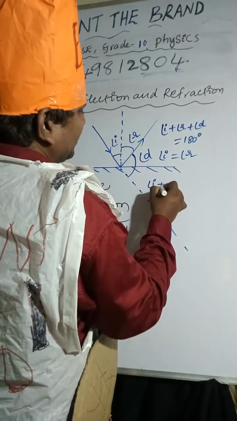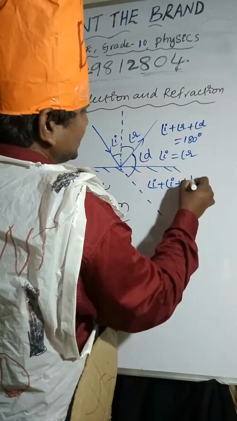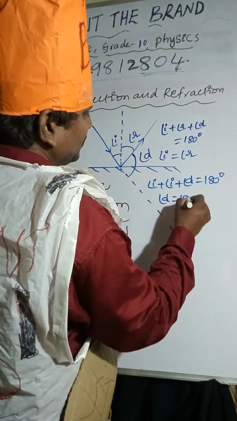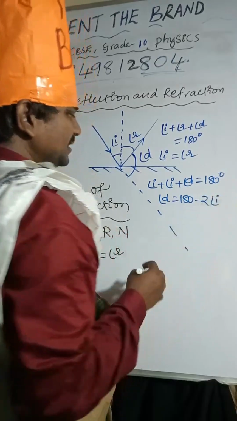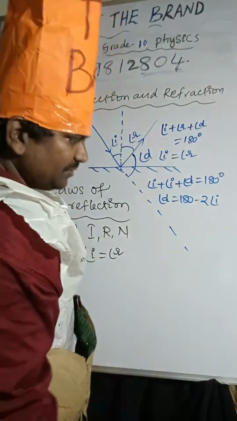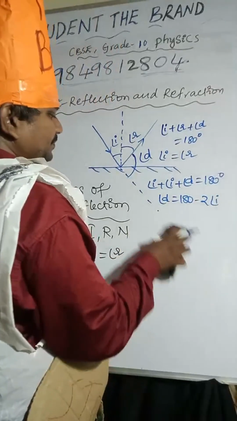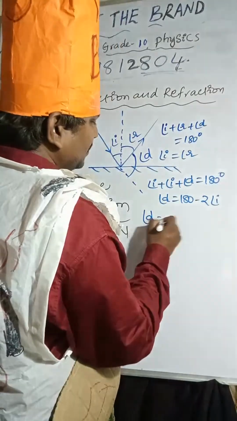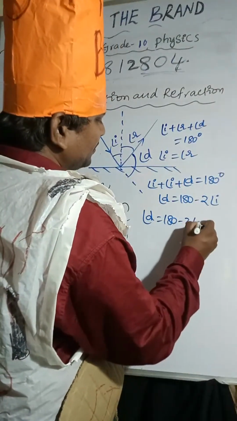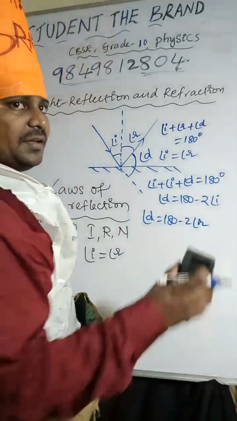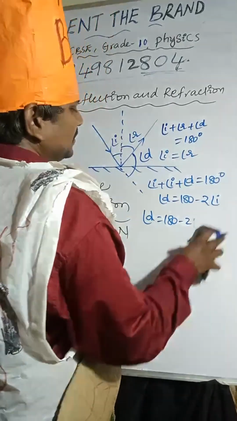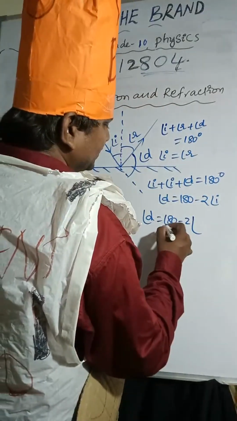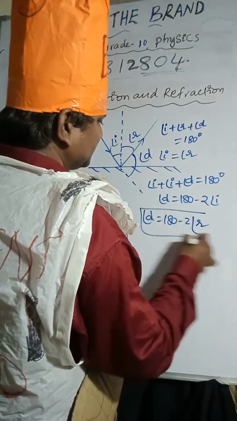By that, angle of incidence plus angle of incidence plus angle of deviation equal to 180 degrees. So angle of deviation equals 180 minus 2 times the angle of incidence. We can also take angle of deviation equal to 180 minus 2 times the angle of reflection.